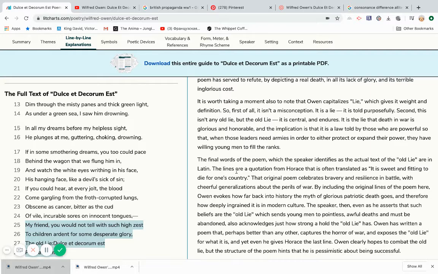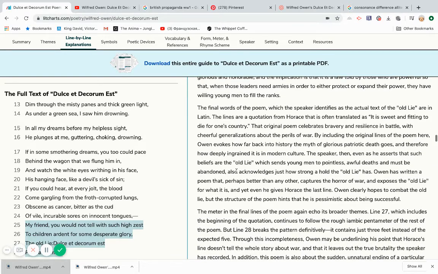It is the lie that death in war is glorious and honorable, and the implication is that it is a lie told by those who are powerful, so that when those leaders need armies in order to either protect or expand their power, they have willing young men to fill the ranks.